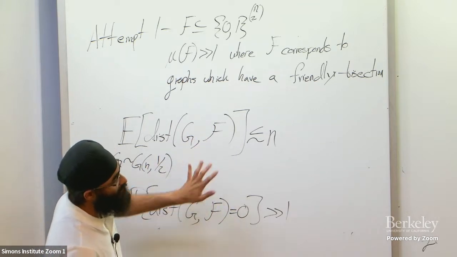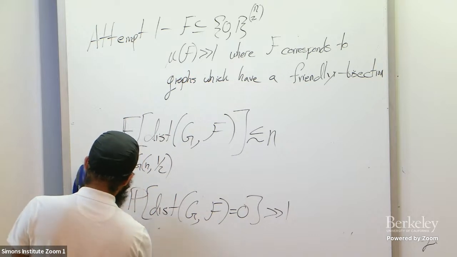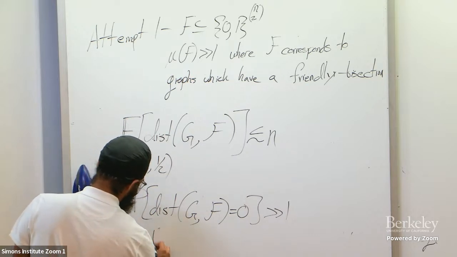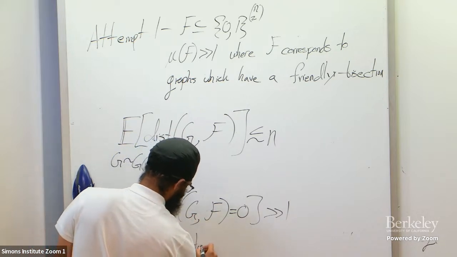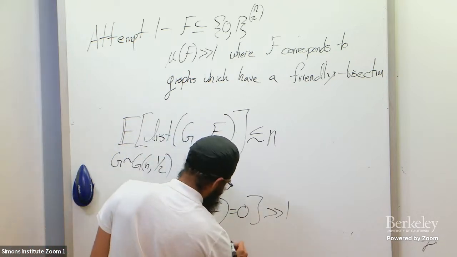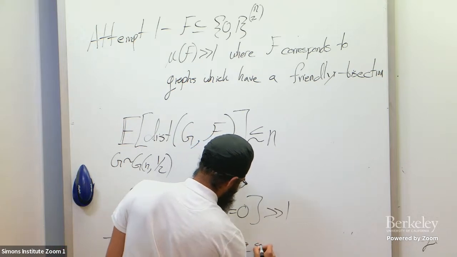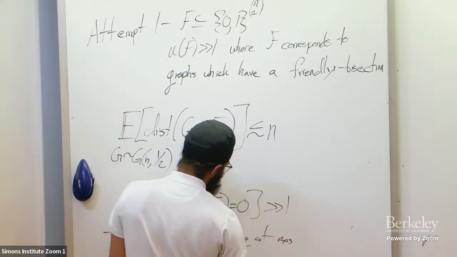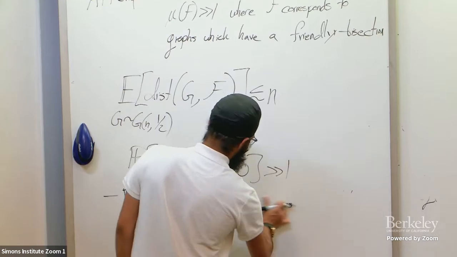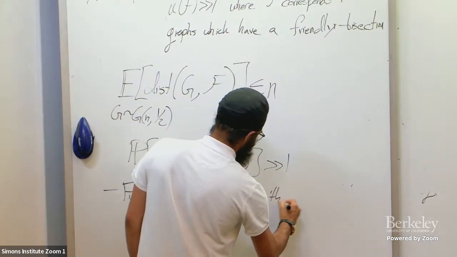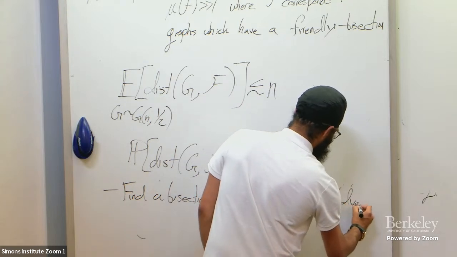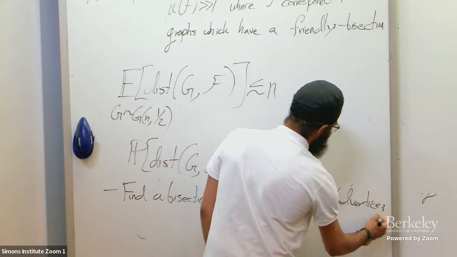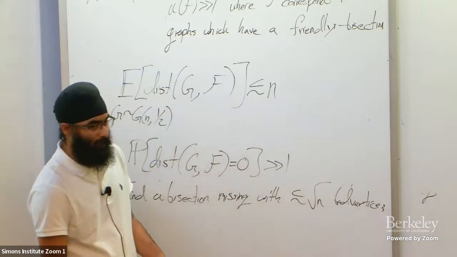This also already gives you something pretty non-trivial. So you can find a bisection with, say, something like square root n bad vertices, where by bad vertices, I mean vertices which violate being a friendly bisection.